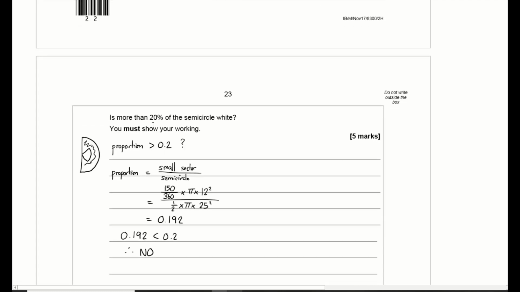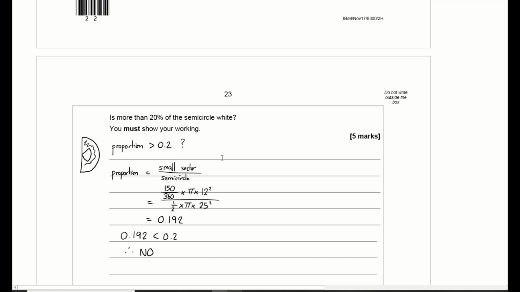Is more than 20% of the semicircle white? You must show your working. Now, ultimately, this is actually a numerical comparison problem, and you've got to think about how would you actually work out what percentage you did have, and how would you compare it to the statement. Now, a percentage is just a statement of proportion. 20% is just 0.2.